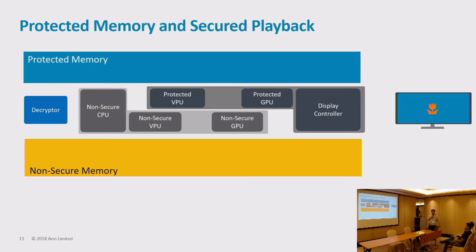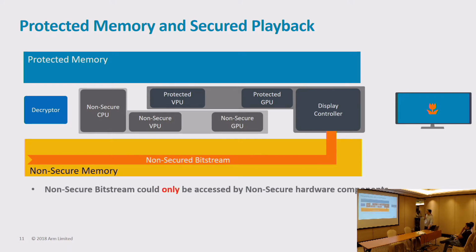And here is the overall process of how TZMP1 works. First, a non-secure bit stream could only be accessed by non-secure hardware components. The non-secure VPU could read and write the bit stream, and the GPU could read and write the bit stream.